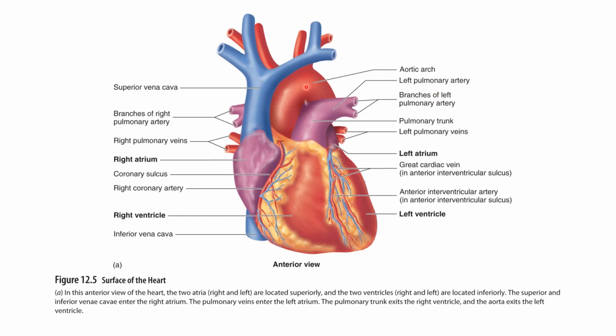You have the aortic arch, you have the left pulmonary artery, you also have your pulmonary trunk, you have your left pulmonary veins, you have your left atrium, the great cardiac vein, the anterior interventricular artery, and then the left ventricle.